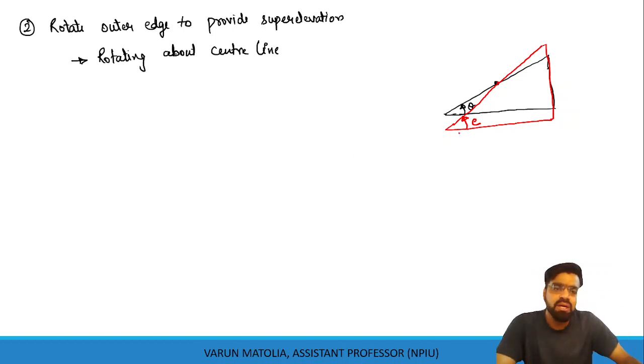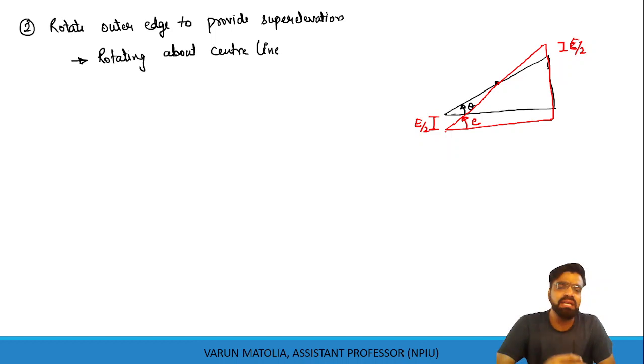If we are required to provide a super elevation of E, then E by 2 rise is provided on the outer edge and E by 2 depression is provided on the inner edge. So this is how we provide super elevation by rotating about the central line.